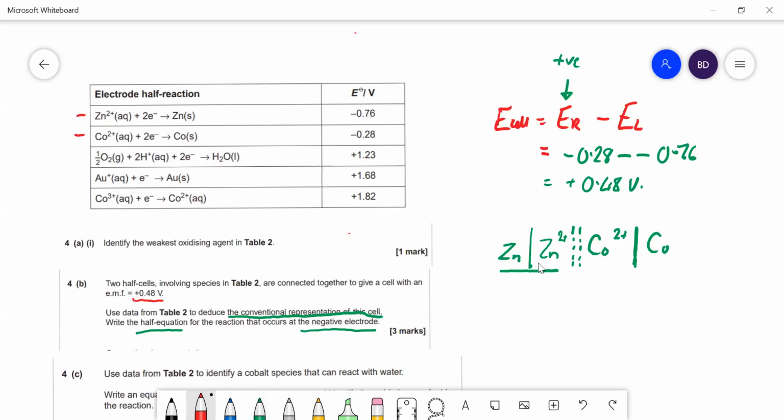Which is the most positive? It is the cobalt. That's the one that's going to go forward, taking in the electrons. The zinc is the most negative, that's pushing electrons away. So that's going that way. So the half equation which occurs at the negative electrode is Zn going to Zn2+ plus 2e-.